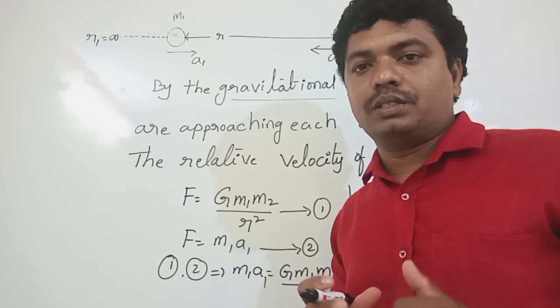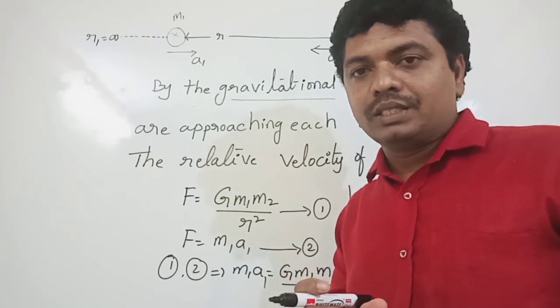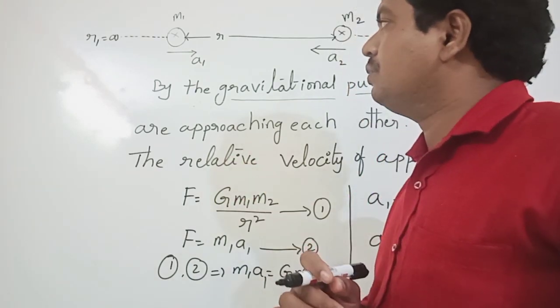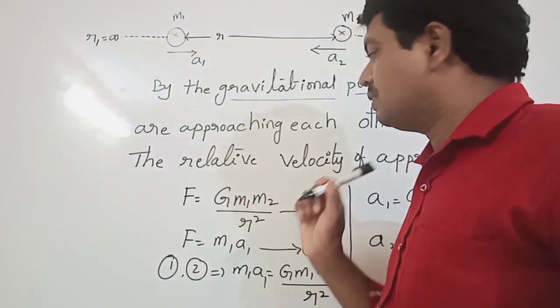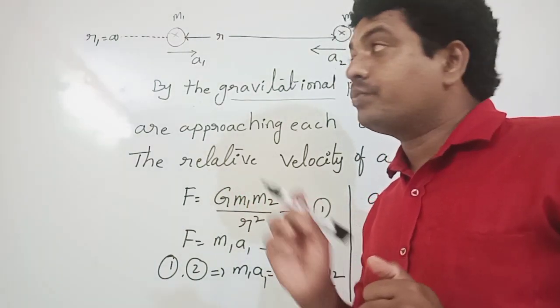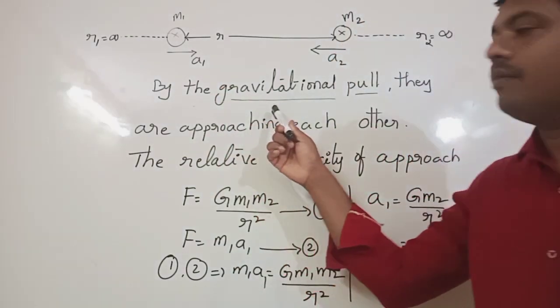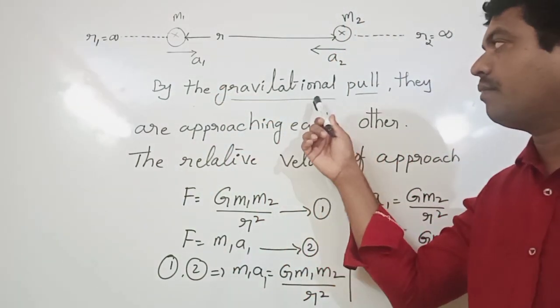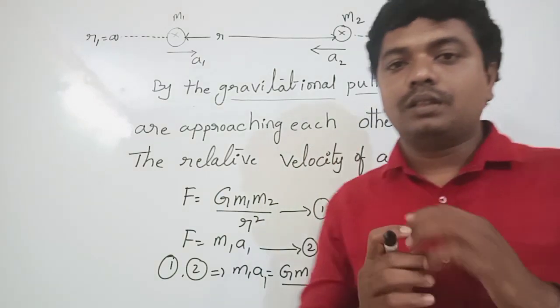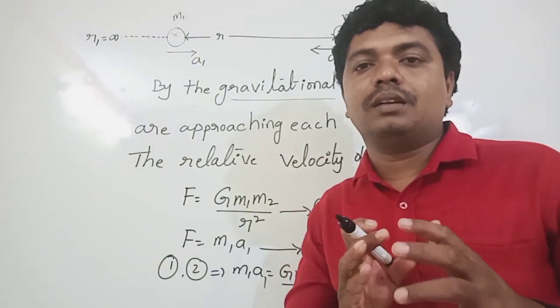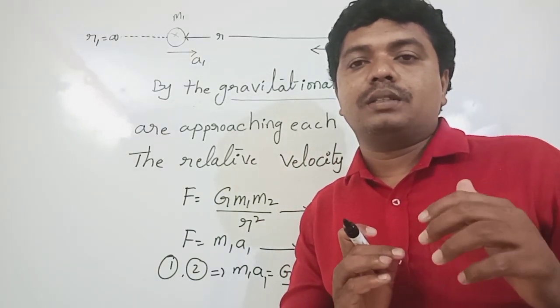This is the question. In this question, if we are going to speak about the relative velocity, we should first know what the force between them is. That force is given very clearly: it's a gravitational pull. That means there is no external force acting upon the system.